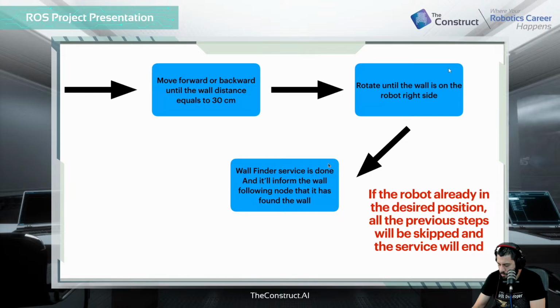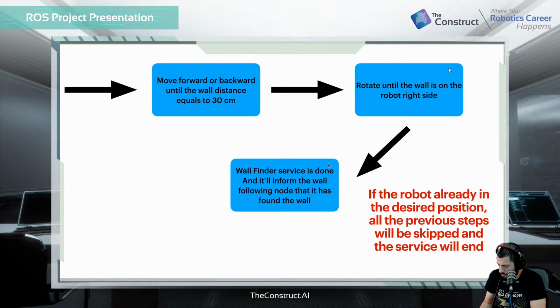And then after the robot is facing the wall, we are going to move forward or backward until the wall distance equals 30 centimeters. And eventually we'll rotate until the right laser equals 30 centimeters.